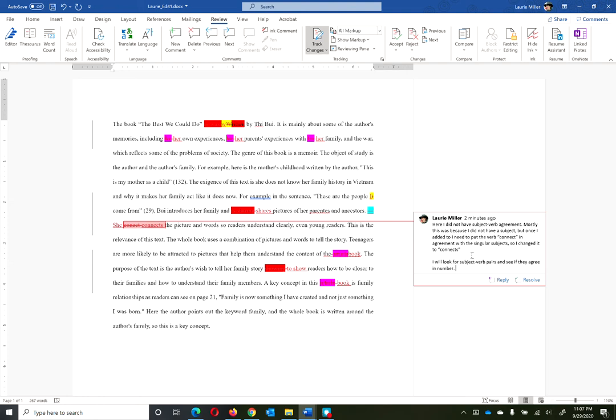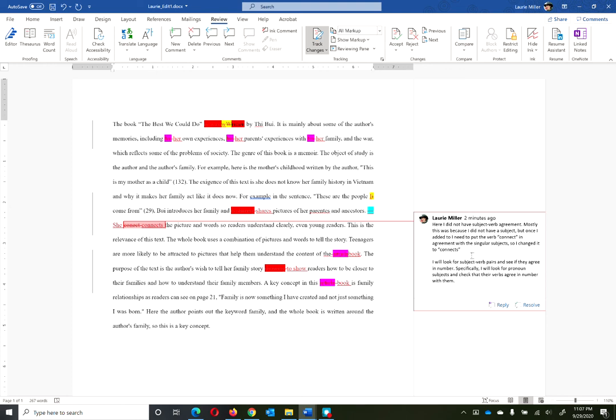I'm trying to be specific here. So specifically, I will look for pronoun subjects and check that their verbs agree in number with them. So I'm trying to be really specific, giving myself advice for the future.